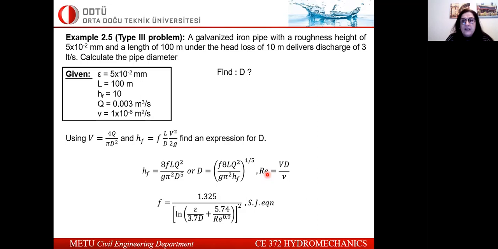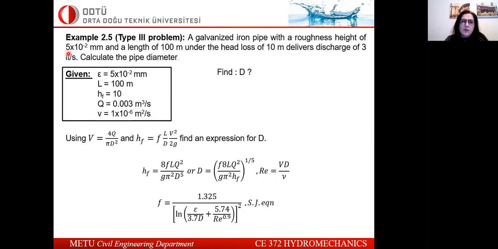So I don't have anything in hand to find that F value. So what we do is, as we had discussed previously, we assume one F out of the blue. If you just look at the range of F that we have in the Moody's chart, we try to be somewhere in the middle. So we start with the iterations with F equal to 0.02.